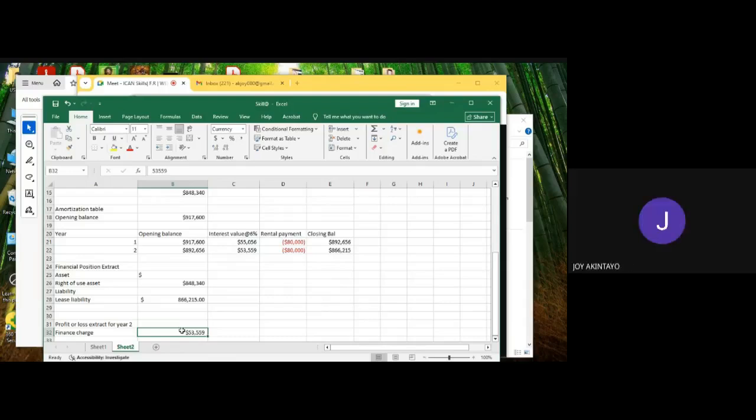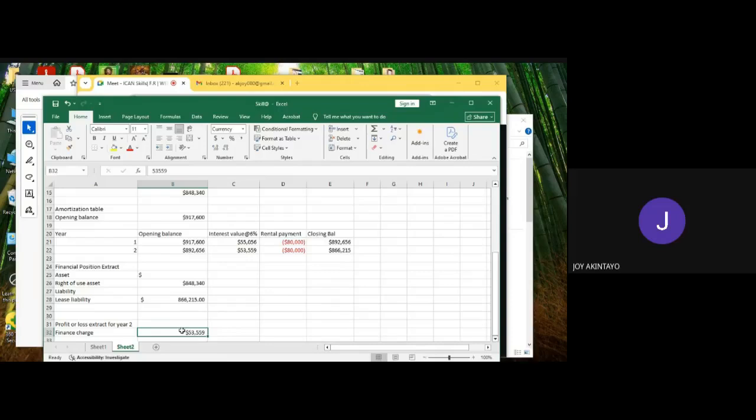Now I want to quickly explain something. Let's assume the rental payment is an advance payment. You know this one is an accrued, at the end of the period. But if the question tells us that the payment is done at the beginning of the year, then it means the company is paying in advance.